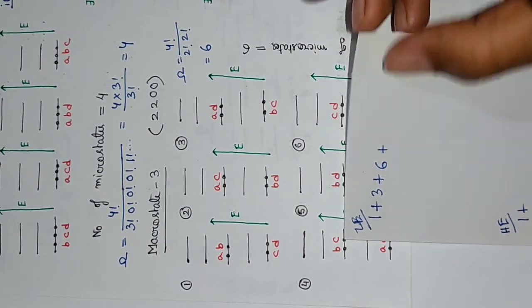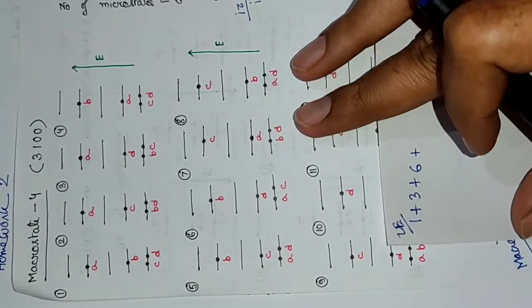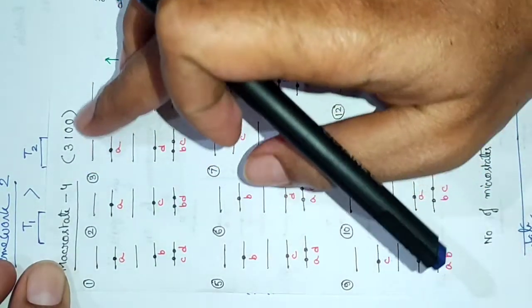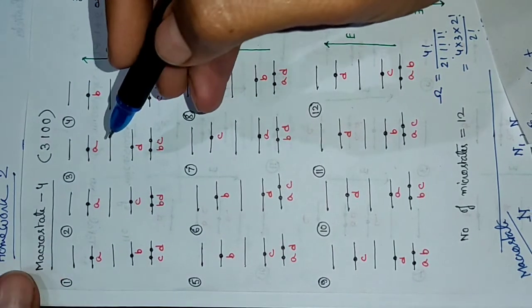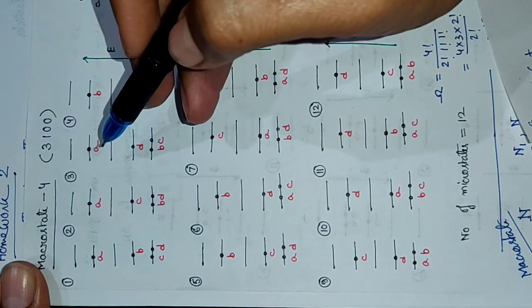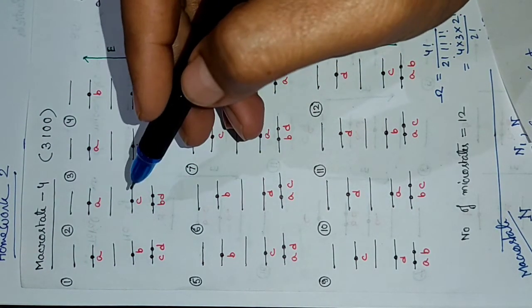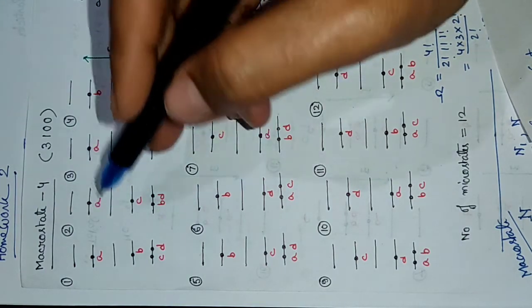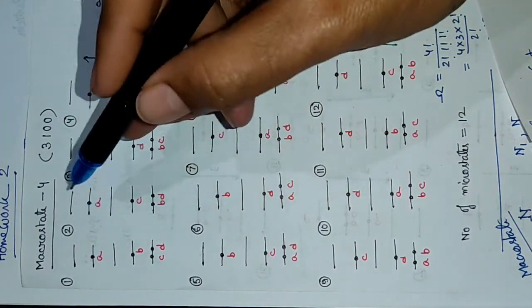Now come to macrostate 4. In macrostate 4, it is 3, 1, 0, 0. Now we will ignore the microstates in which A will reside in energy level 3, because we are considering only the lower energy levels and higher energy levels which are getting occupied by the particle A. So these 3 microstates will be ignored, 1, 2 and 3.